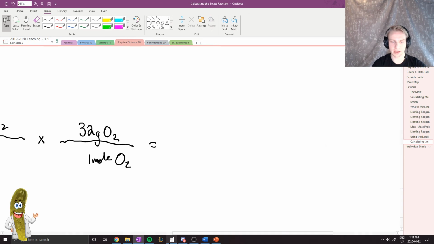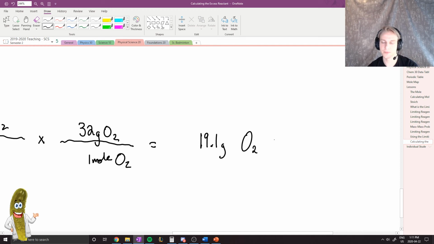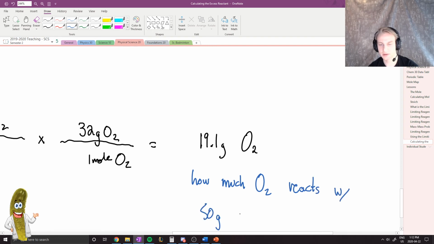And what we will then get is our answer, 19.1 grams of O2. This number is how much O2 reacts with 50 grams of Fe.